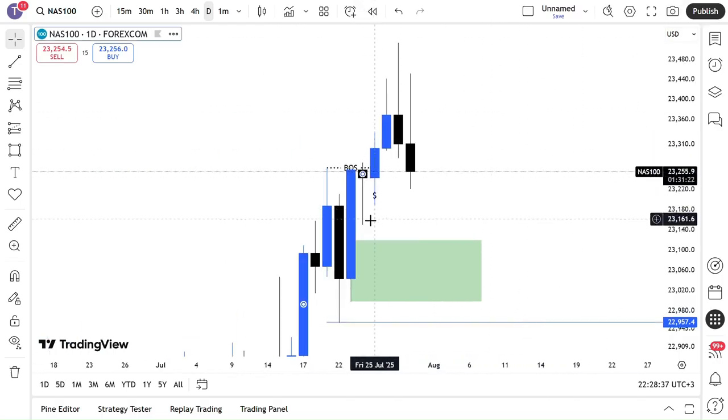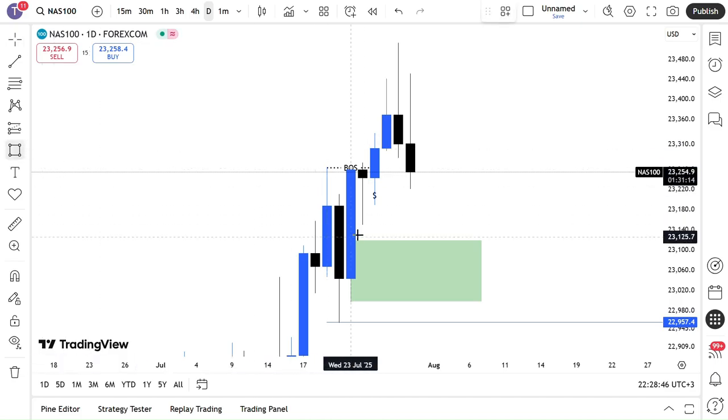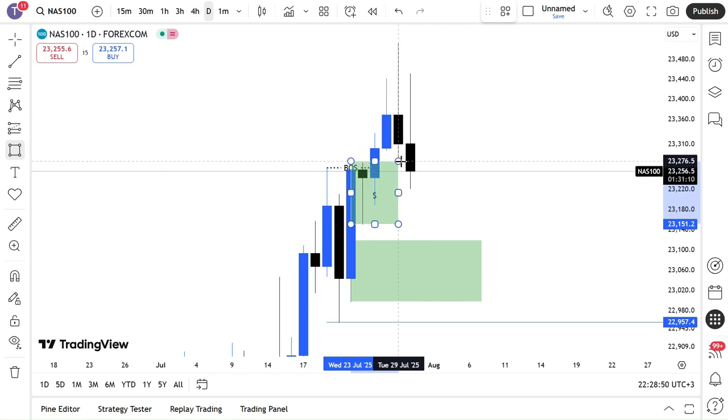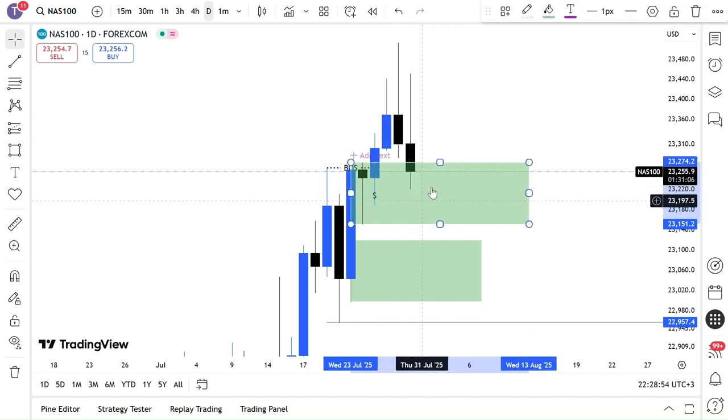We can see on the daily time frame we have this order block that was left behind with the fair value gap. So I expect the market to react from this area, because the lower order block has already been mitigated. So I expect price to react from inside here.